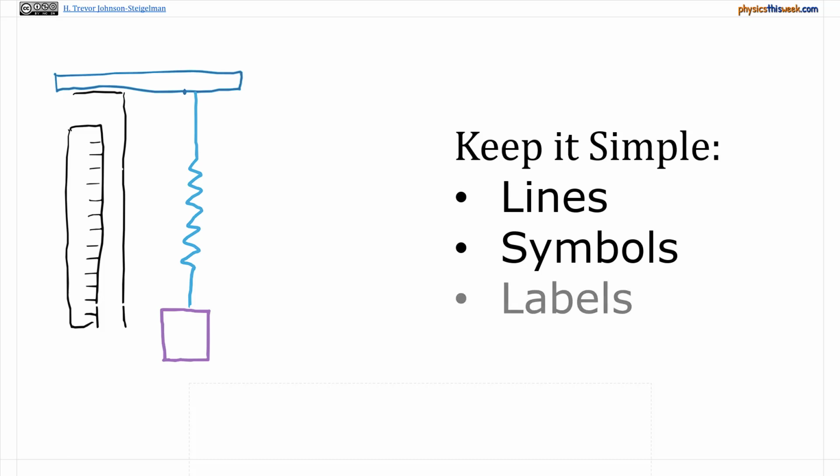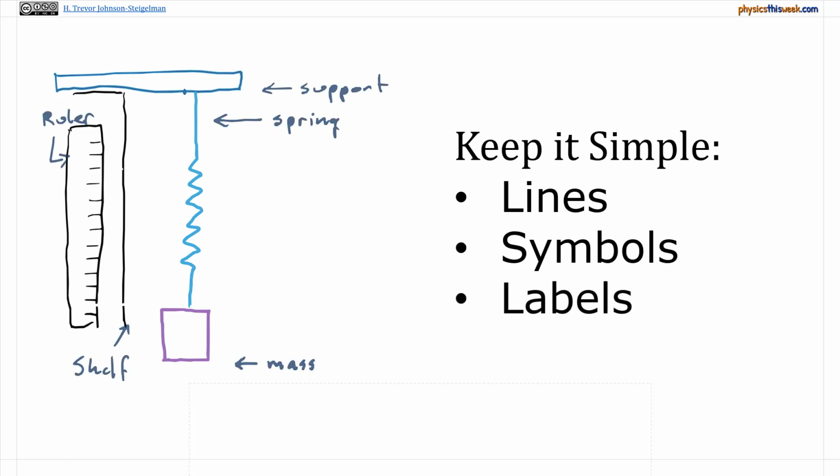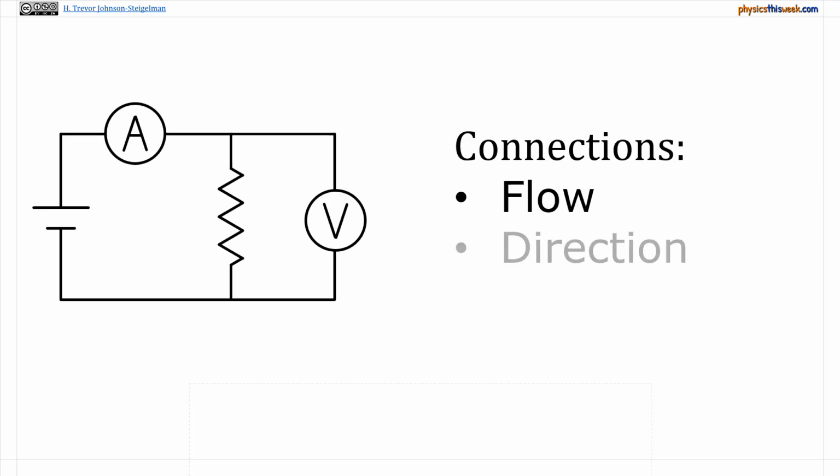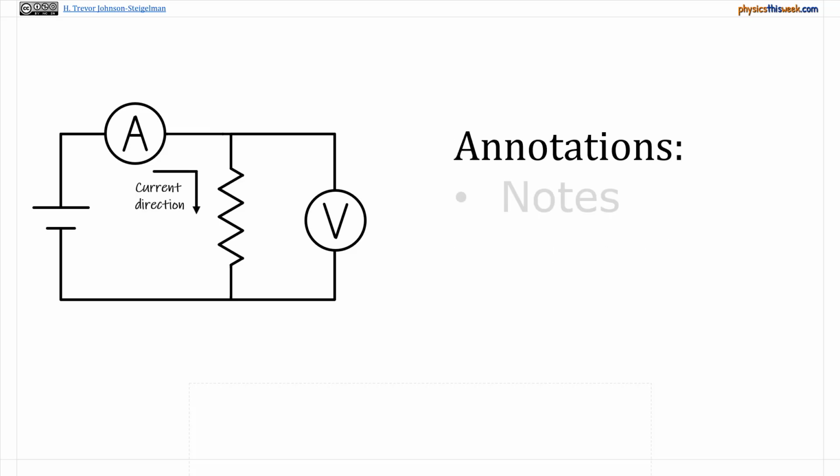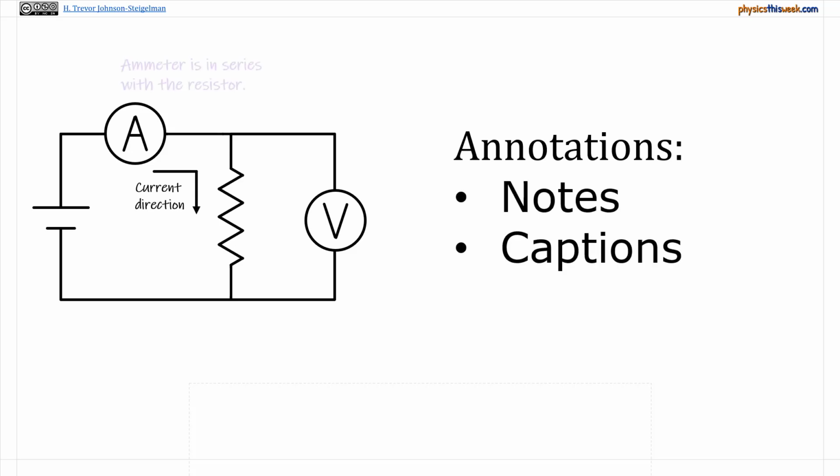Second, label all components. Label all apparatus, tools, and materials in the diagram with their proper names. Third, show connections. Show connections between the components with clear arrows or lines to indicate the flow of materials, energy, or signals. Fourth, use annotations. Add notes or captions to explain the purpose and function of each component in the setup.